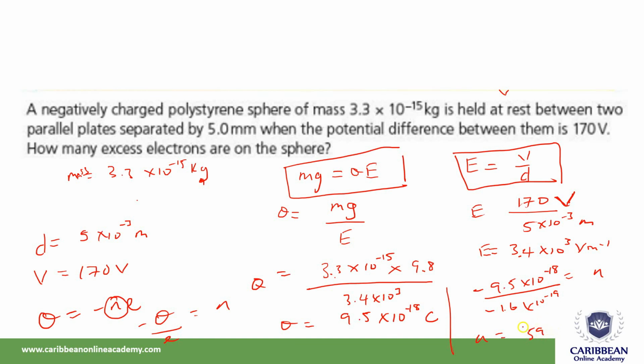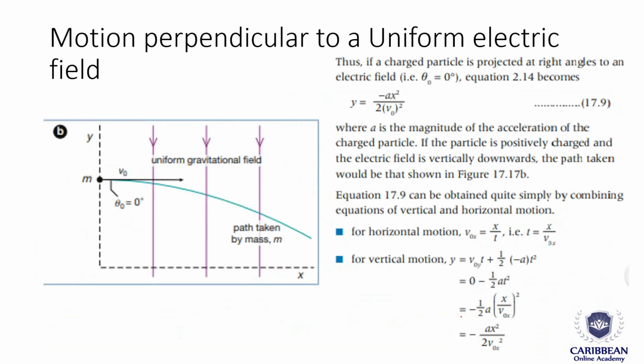We're going to work with 59 because electrons can't be 0.4 or whatsoever it is. So this is the number of excess electrons. That would have been the answer, and this is the value for N, which is just telling us the number of electrons. All right, so that's that.